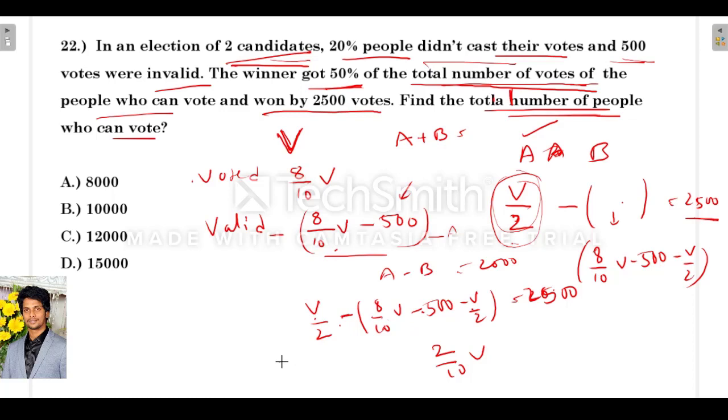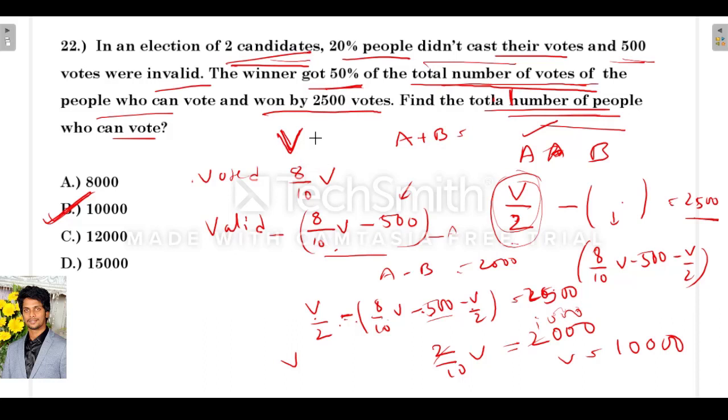So it is plus 500. If we take 500 to the other side, minus 500, it will be 2000. So 2 by 10 V is 2000, so V is 10,000. So they are asking find the total number of people who can vote, right? So number of people who can vote is 10,000.